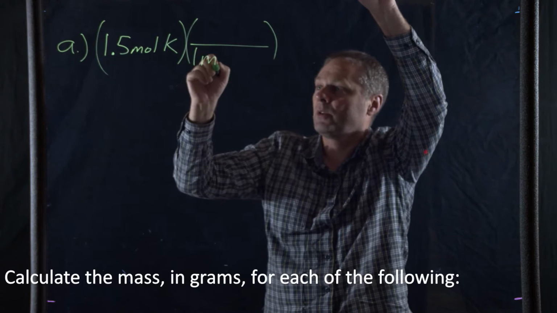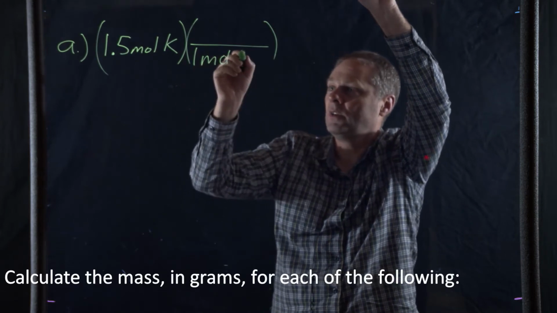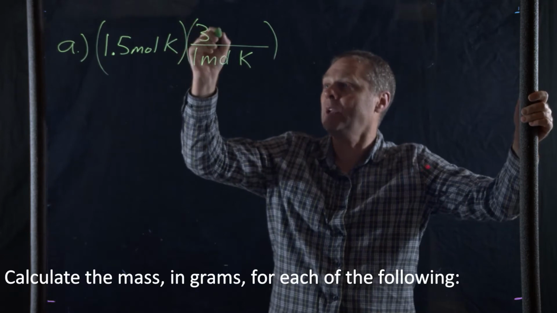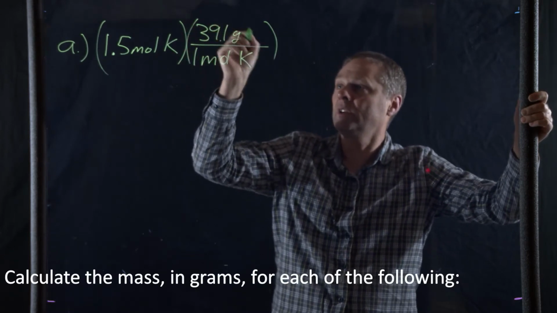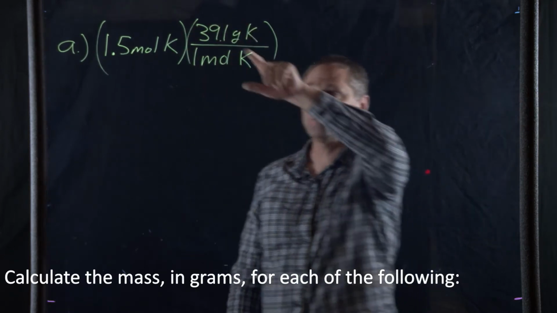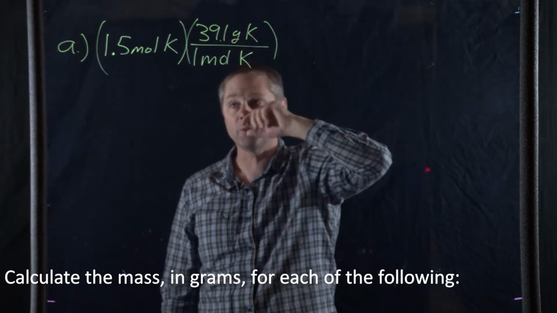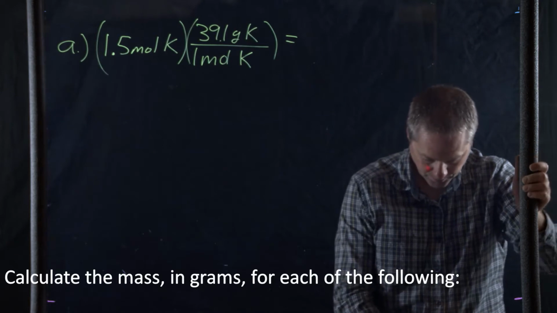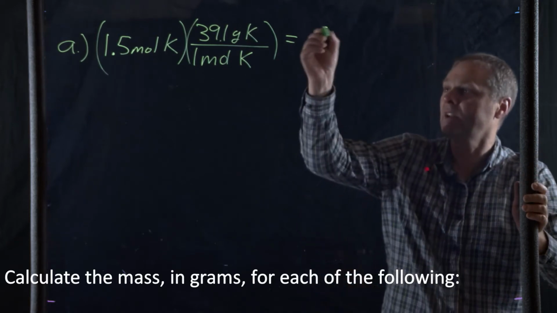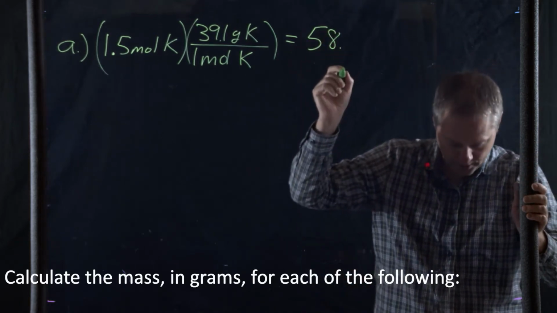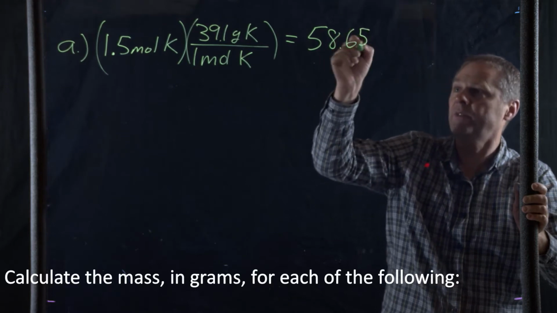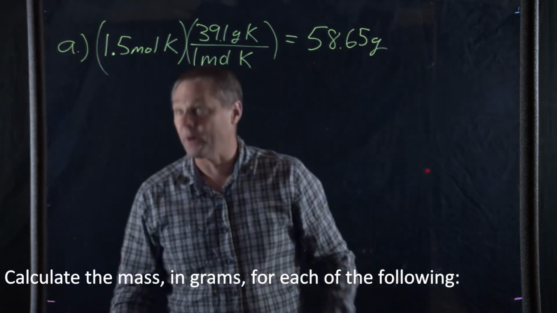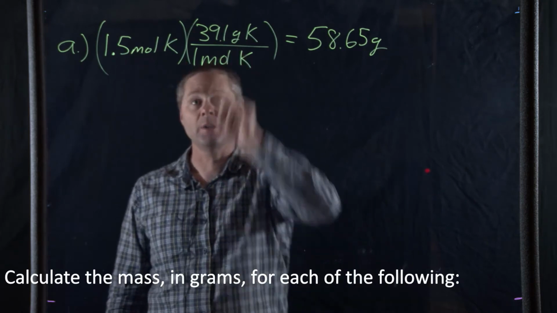We're going to start with 1 mole of potassium, and then looking at the periodic table, we're going to put the molar mass of potassium. This number is going to come from the periodic table. You do this arithmetic, and what we end up getting is 58.65 grams, simply by multiplying 1.5 times 39.1.